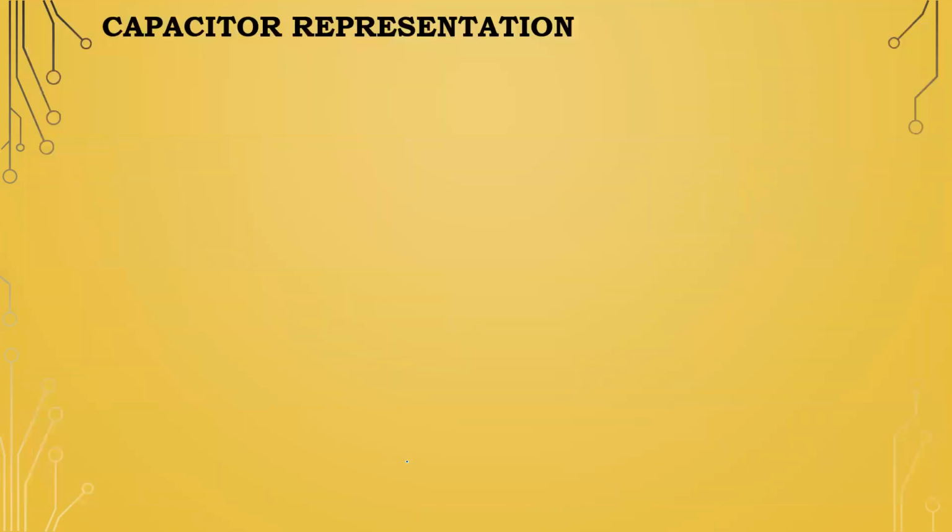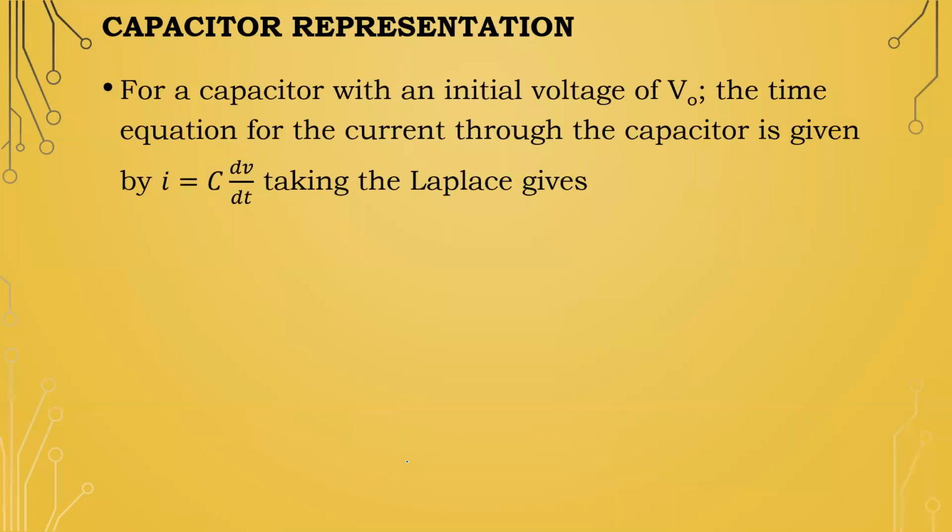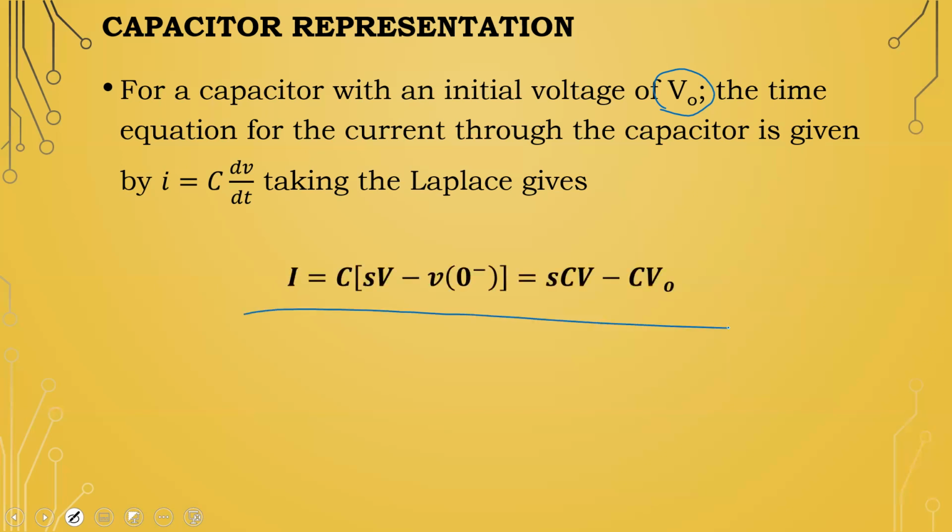Okay. For your capacitor with an initial voltage V0, again, the current will be given by C dv/dt. If we were to take the Laplace, again defined as the integral from 0 to infinity of f of t e to the minus st dt, then that's the current expression.